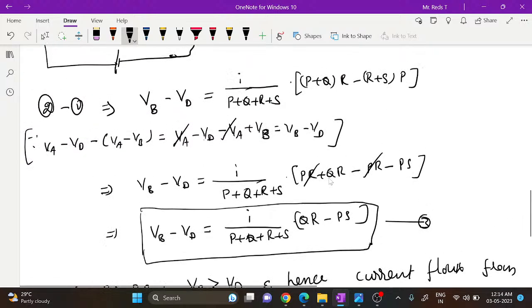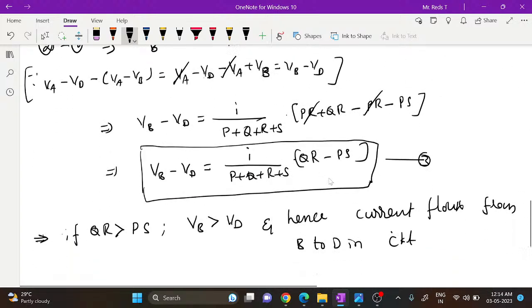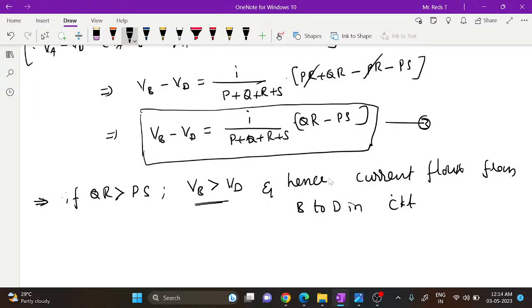CKT means circuit. In this circuit, current will flow from B to D if VB is greater than VD. When is it possible? If QR is greater than PS. Similarly, if QR is less than PS, or PS is greater than QR, we will get a negative value.